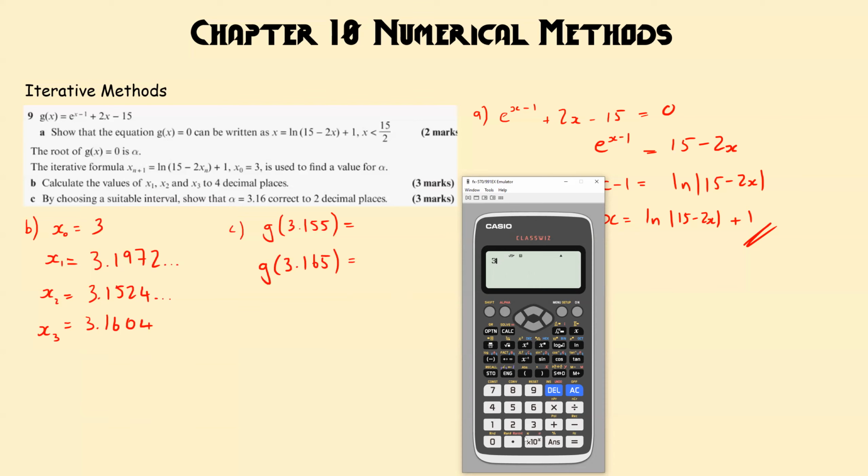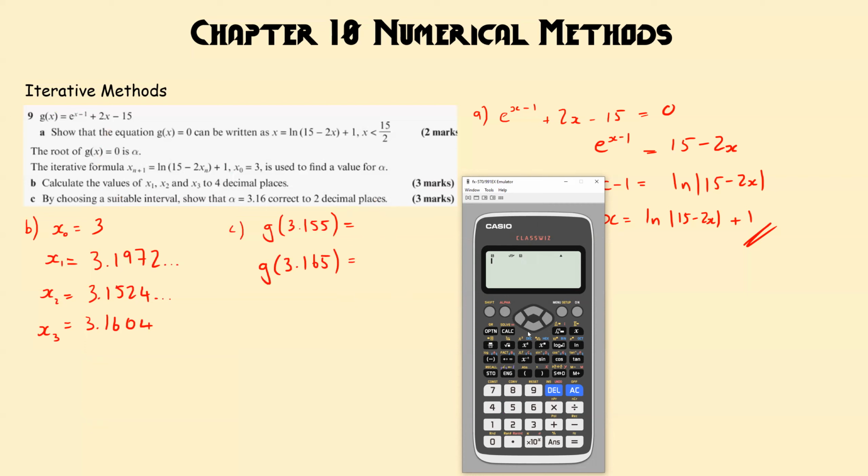So I'm first going to put in 3.155, go back to my actual thing. Hang fire. I don't want to put it into here. Sorry. I want to put it into here. I've not coded my right formula there.